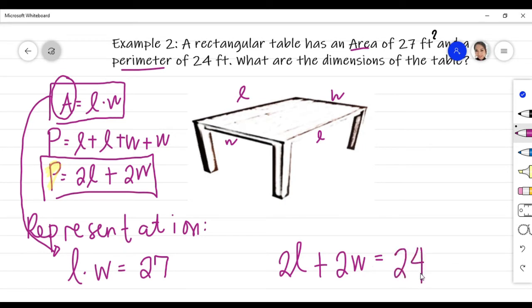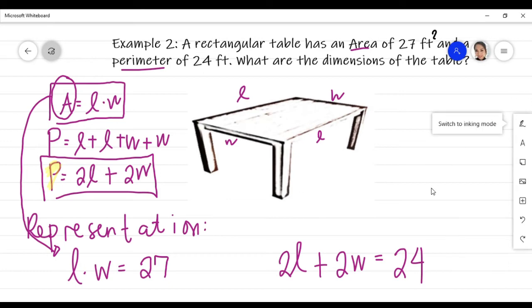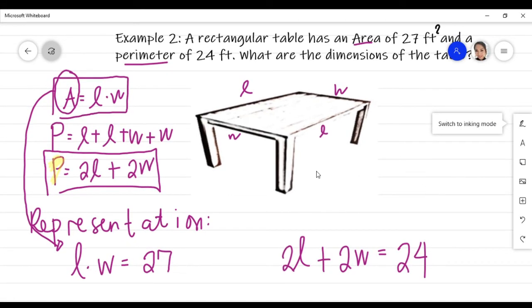Now, if you notice that area is represented as product, while perimeter is represented as the sum. So it must be related with our topic, the sum and the product of the roots.